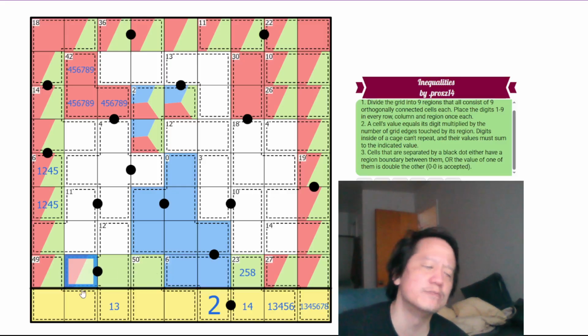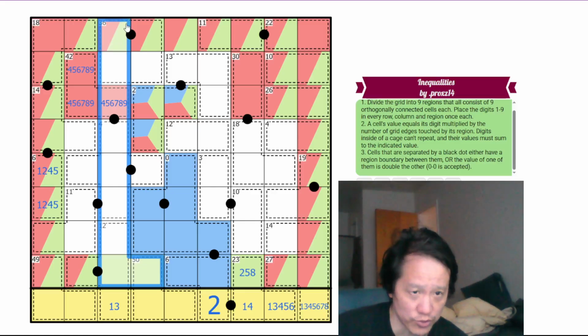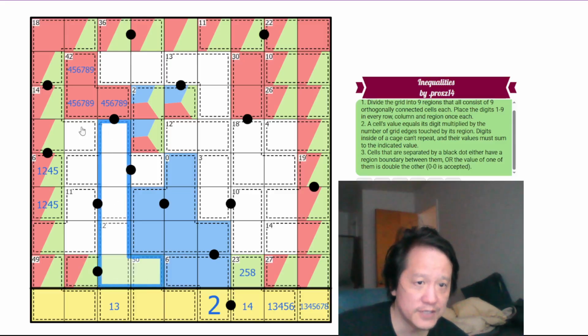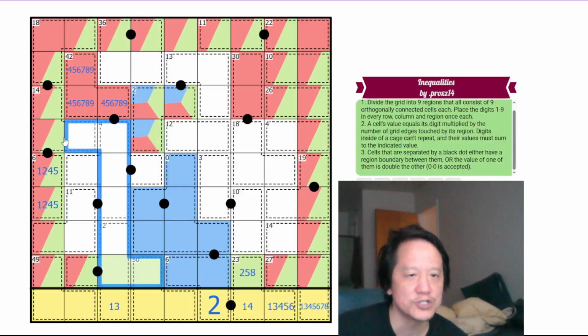Can this actually be red here? The problem is red has to be part of 2 regions. We have 1, 2... this can't go straight through. So if we try to go that red here, this has to eventually touch an edge. But it can't be 1, 2, 3, 4, 5, 6, 7, 8, 9. Wait. That's 6 here. 7, 8, 9, 10. There we go. So that can't reach an edge there. It has to touch an edge somewhere here.